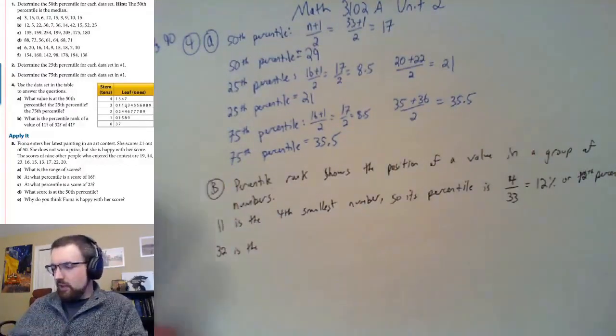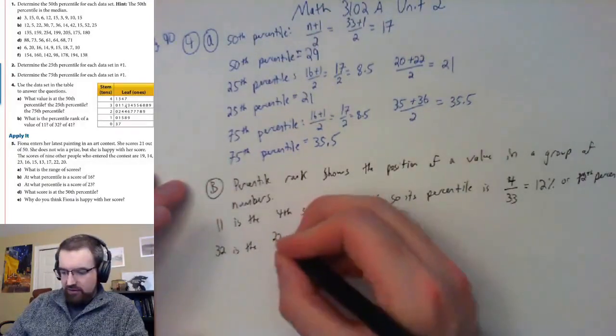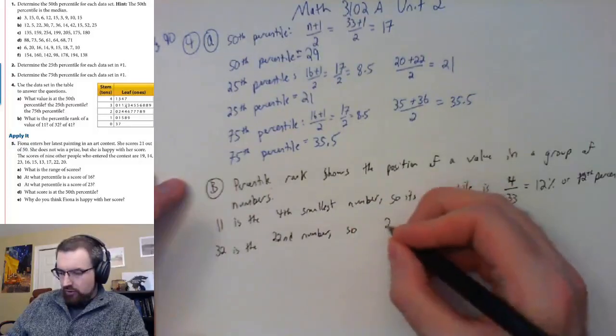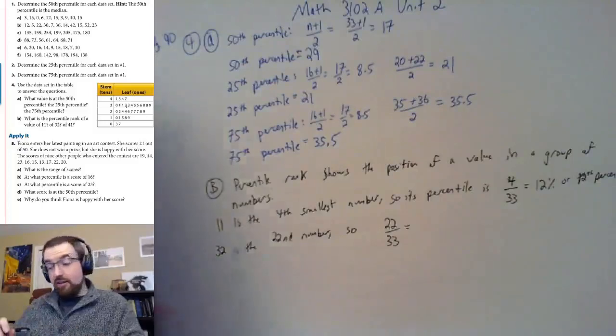Okay, 22nd one up. So it's the 22nd number. So it's 22 out of 33. That's going to equal 67%.